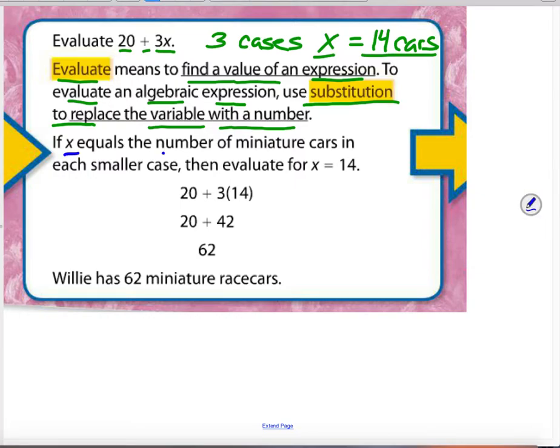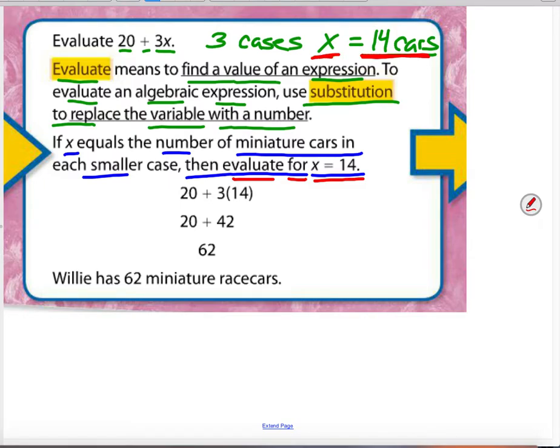If x equals the number of miniature cars in each smaller case, then evaluate for x. Now notice how they say evaluate for x equals 14. That means that they're talking about the value of x is 14.